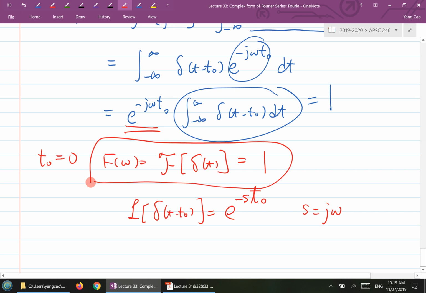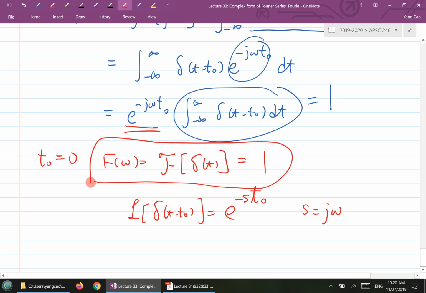So bottom line, when you take the Fourier transform of the impulse, you get 1. So what's the significance here? Remember, I emphasized a lot the importance of the impulse signal. If you give the impulse signal to a system, you get the impulse response, right? And the impulse response is so important because if you have it, you can convolve it with any other input and get the new response.